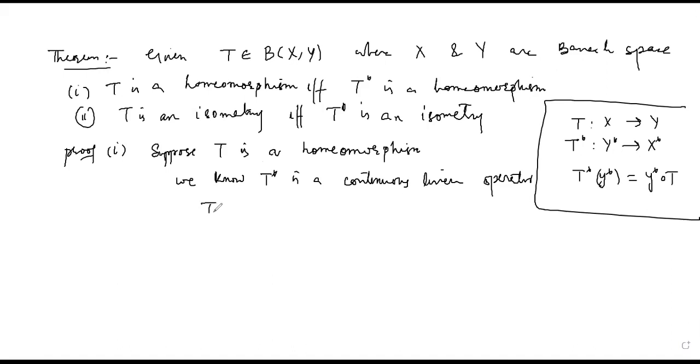So to show that T star is 1-1, we show that its kernel is the singleton 0.